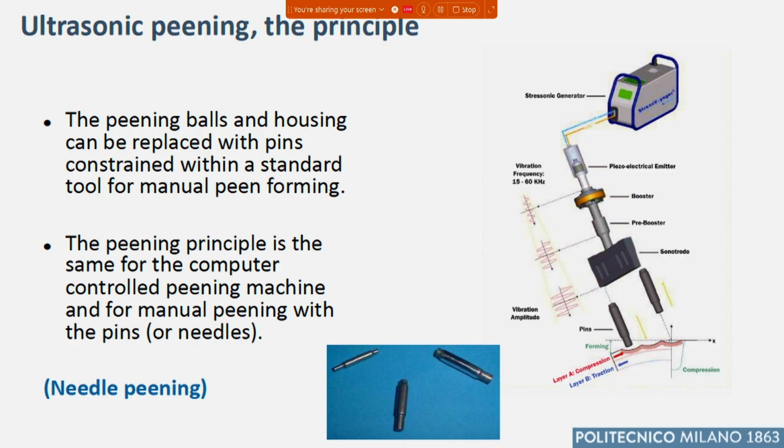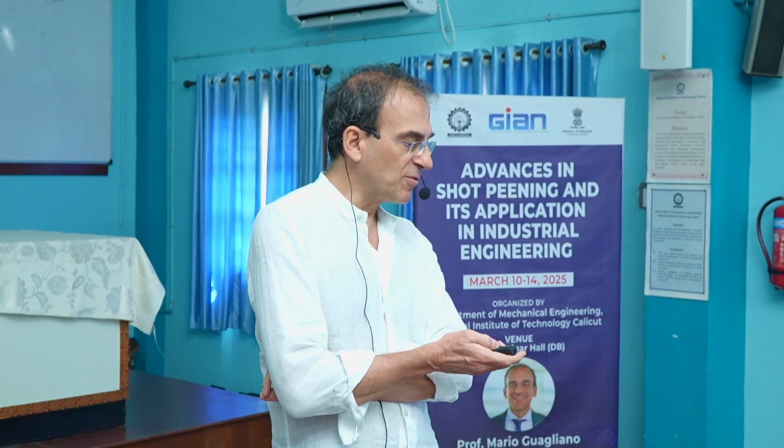The equipment is the same: ultrasonic generator, vibration. But at the end we no longer have a number of shots; we have a pin or needle that impacts the part at high frequency, and by moving the pin, we are able to cover the complete surface that we want to peen.